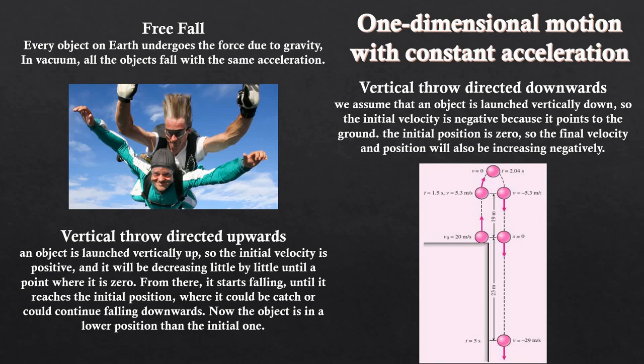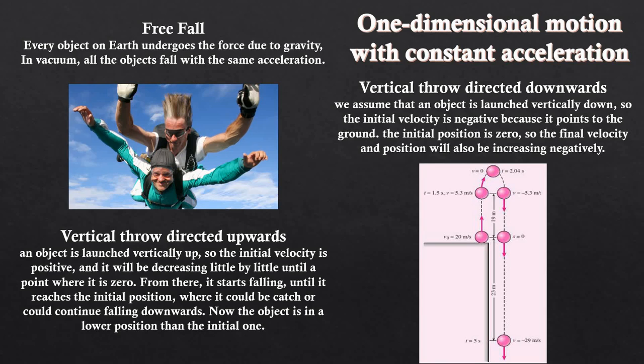Then we have the vertical throw direct downwards. In this one, we assume that an object is launched vertically down, so the initial velocity is negative because it points to the ground. The initial position is zero, so the final velocity and position will also be increasing negatively.